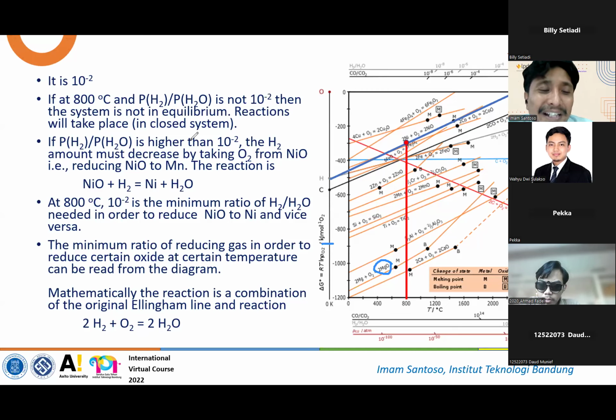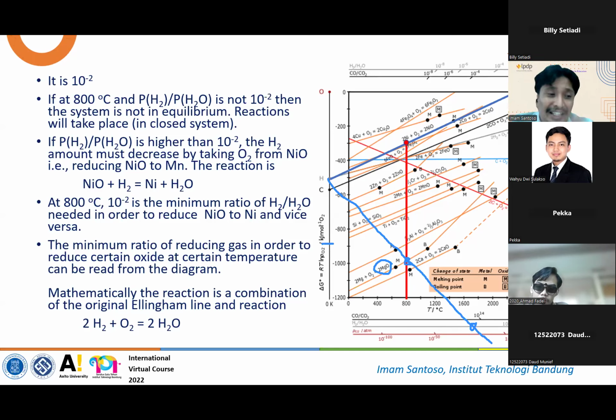Okay. Yes. Let's draw the line. Thank you, Pak Wahyu. Let's take a temperature of 800. MgO is here, and then take the line from H. Look, the ratio between hydrogen and water is very big.